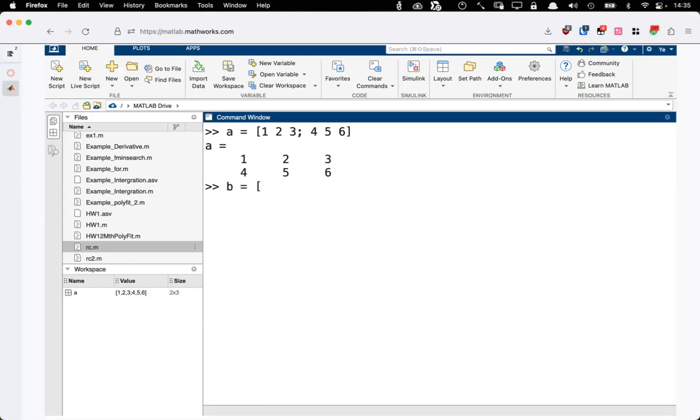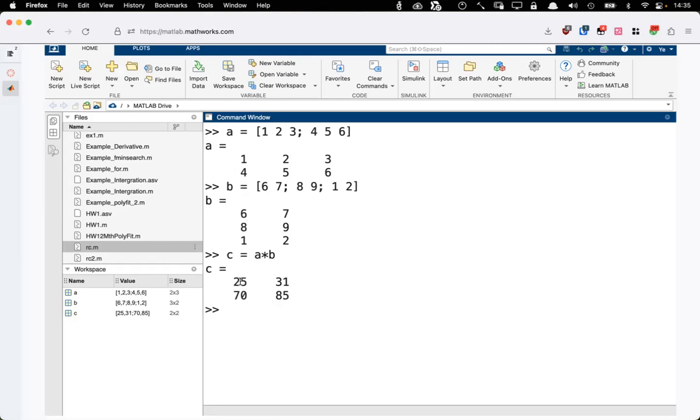B is 3 by 2, so maybe 6, 7, 8, 9, 1, 2. So this is 3 by 2. Then C equals A times B. So 25, 31, 70, 85.